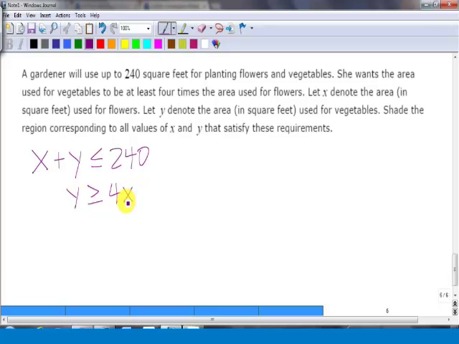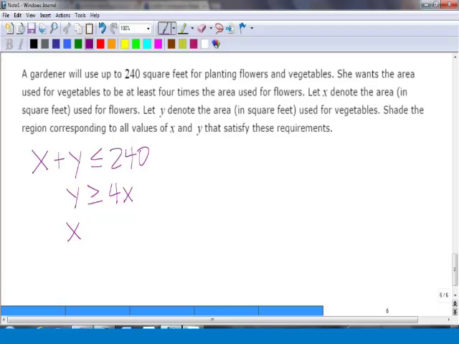X denotes the area used for flowers. So the area for vegetables should be at least or greater than or equal to 4 times what she uses for flowers. So I think these 2 for sure, but also 2 more that are kind of implicit. I think the total area used for flowers should not be negative.